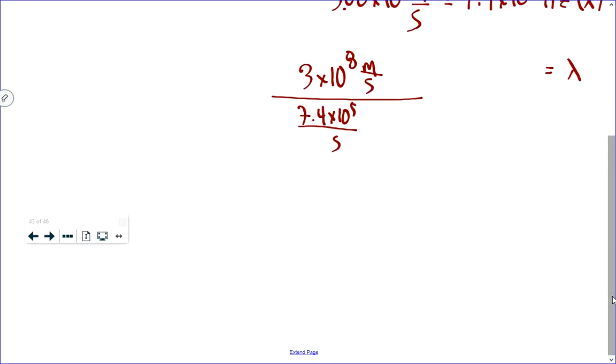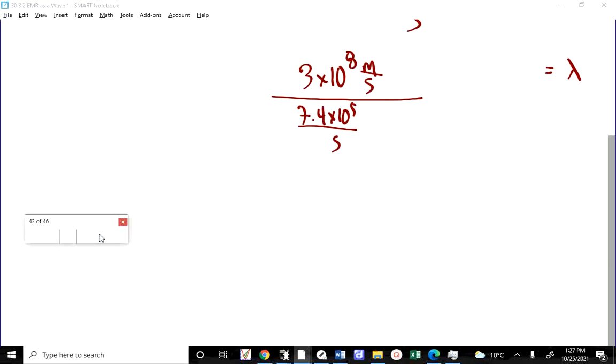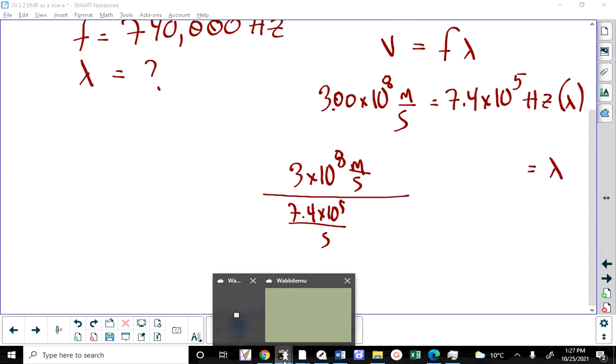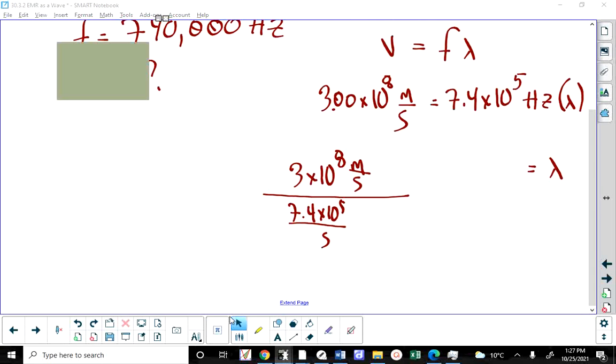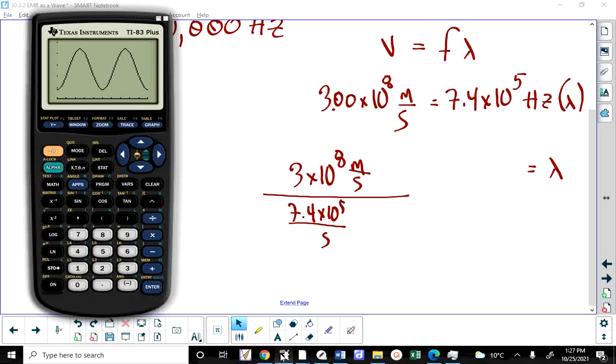I don't know what we're going to get. 3 over 7.5. So 3 times 10 to the 8 divided by 7.4 times 10 to the 5.